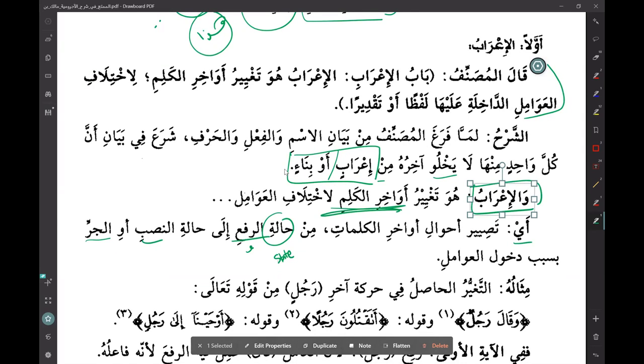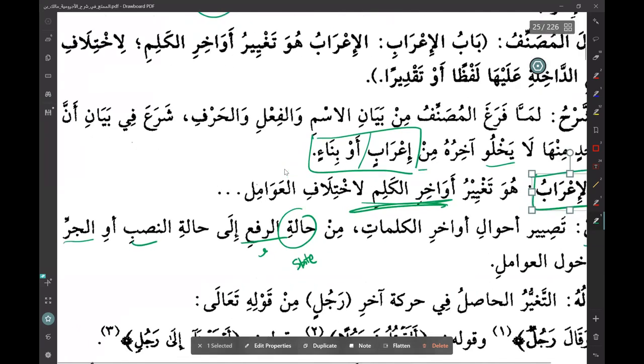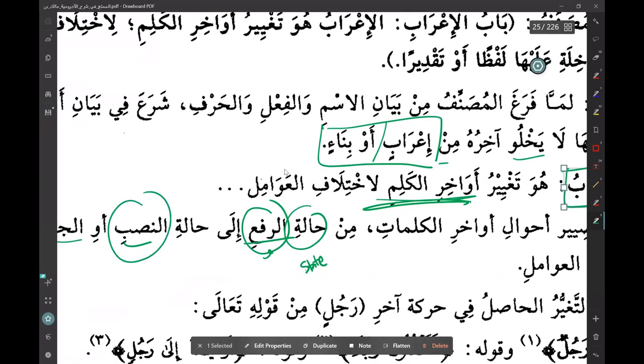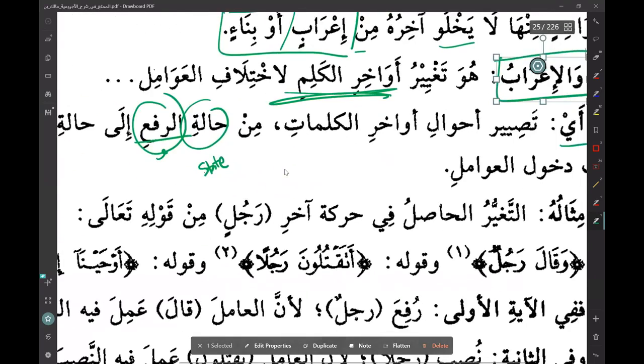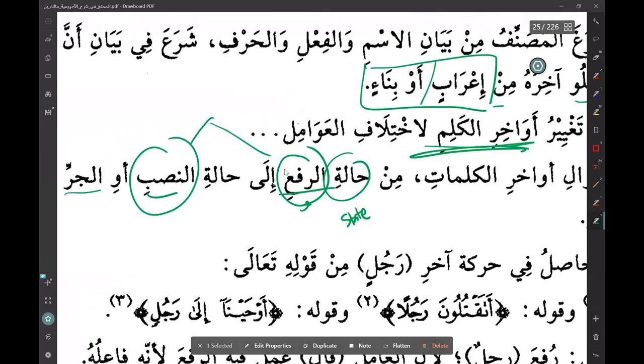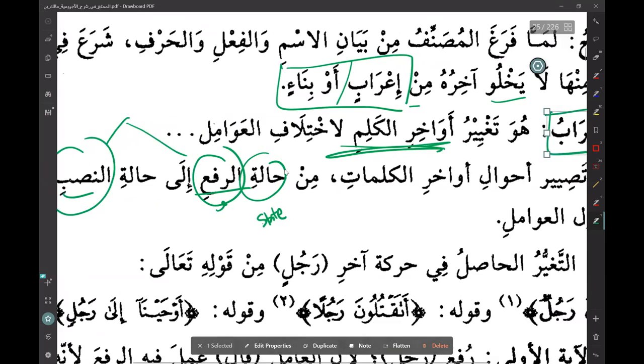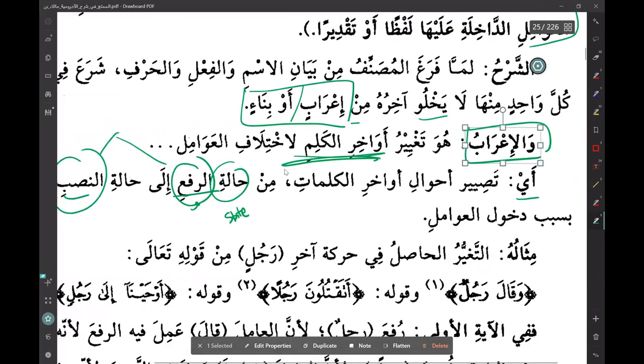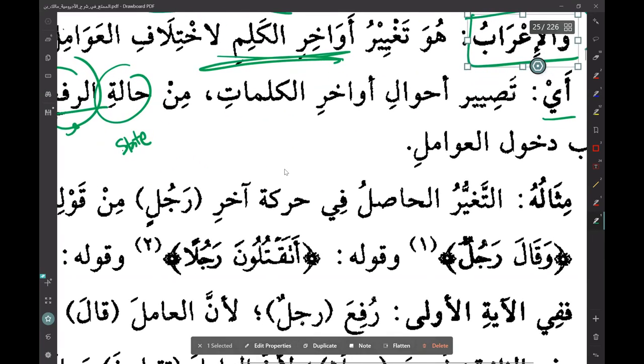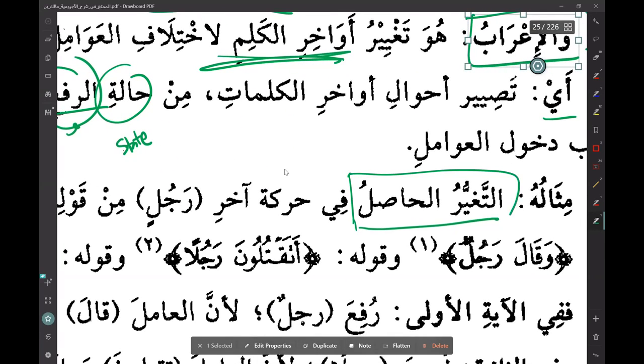Okay, so hopefully you understand what he's talking about, because even these words should be in your mind. I don't have to explain what raf means, what nasb is, what jar is. But we will be talking about these things throughout our entire course, of course, right? But you have to have some kind of idea. Otherwise, you'll be like, what is he talking about, right? Now, so now he gives an example. Taghirul hasil. This is like he's talking about a summary change.